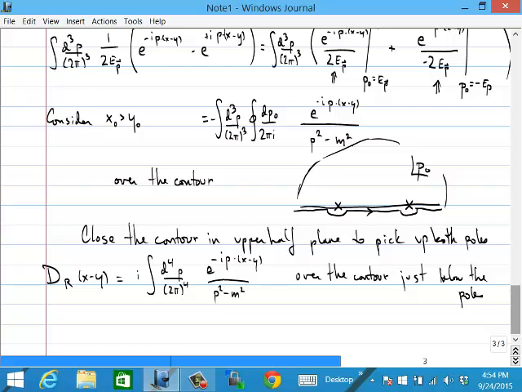So this quantity that I've called d sub r is just the commutator times a theta function, which is 0 if x0 is less than y0, and 1 if x0 is bigger than y0.